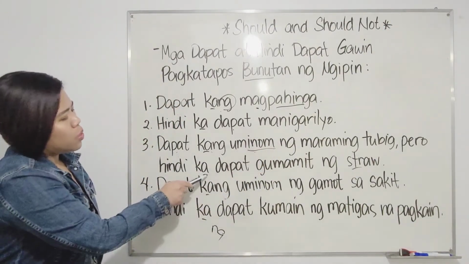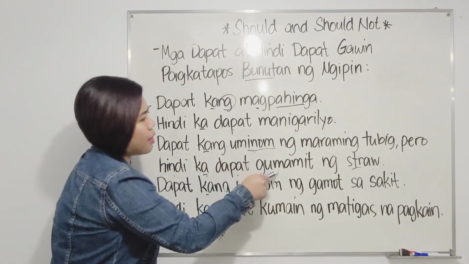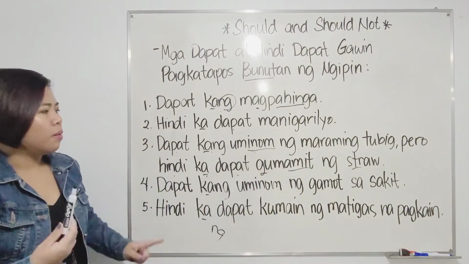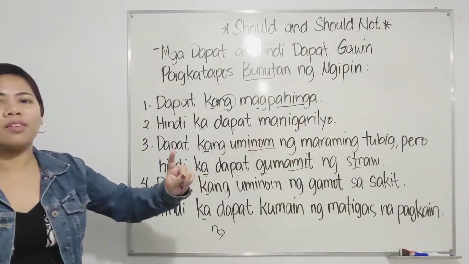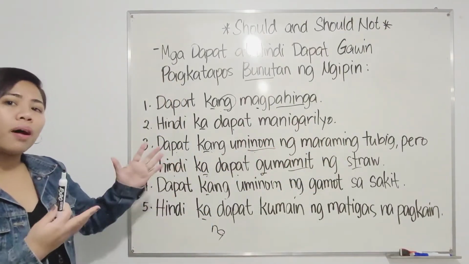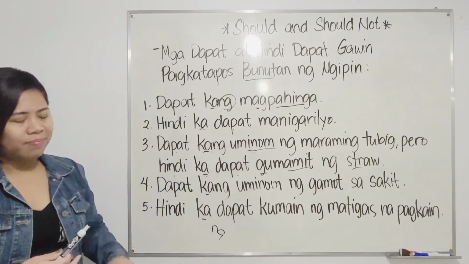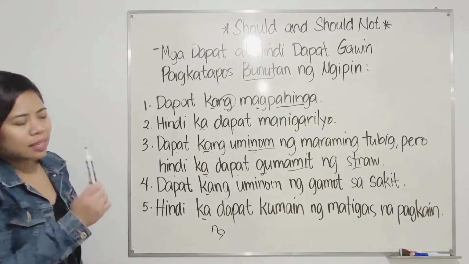But you should not, gumamit is from the word gamit. Gamit. Use. But you should not use straw or drinking straw. So you need to drink a lot of water, but you should not use the drinking straw. It's not allowed.